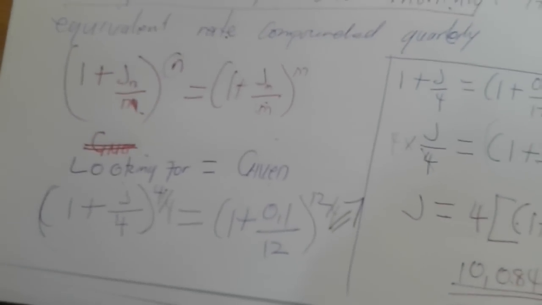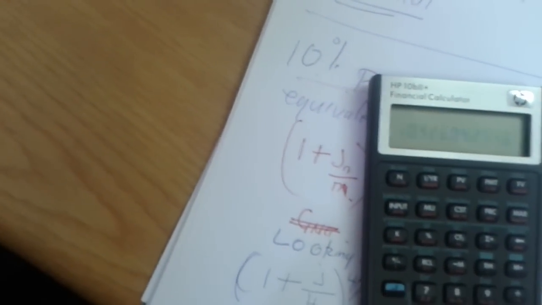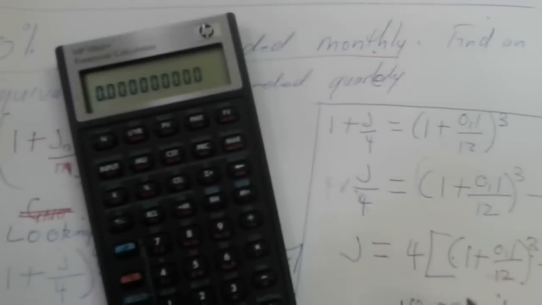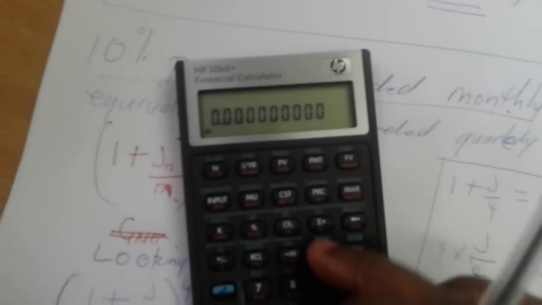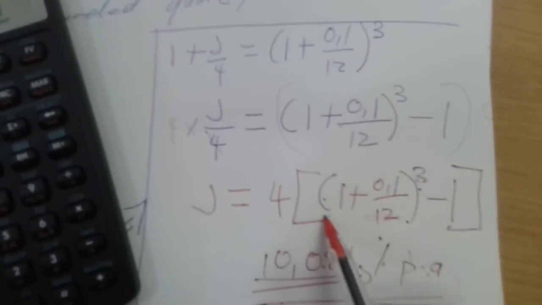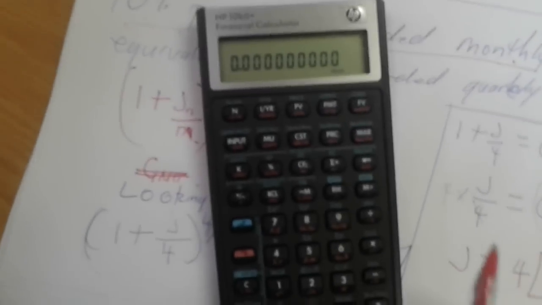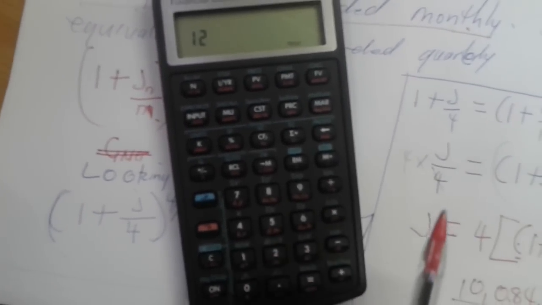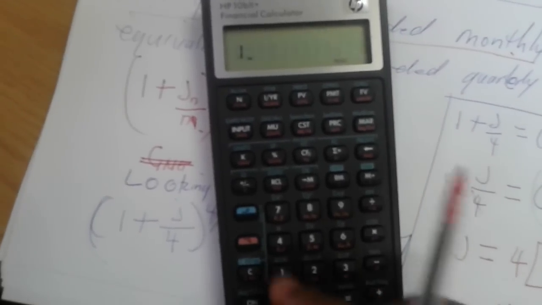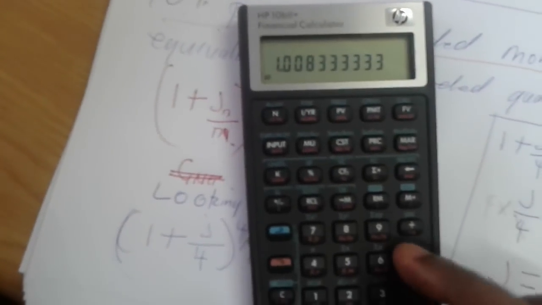Now let's quickly look at how we use the HP calculator to do that. I prefer to start with this always, right? So I'm going to open my bracket, then I start with 0.1 divided by 12, then I add my 1, then I close my bracket, I raise it to the power of 3, I get my answer, I minus 1, I get my answer.